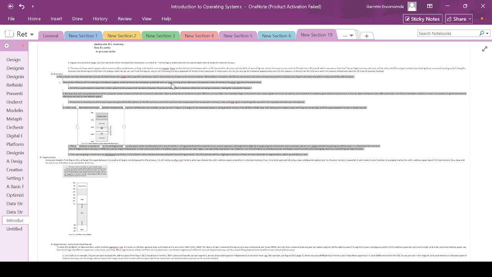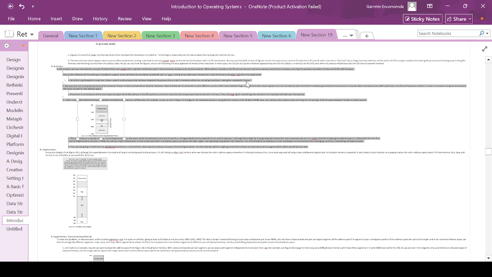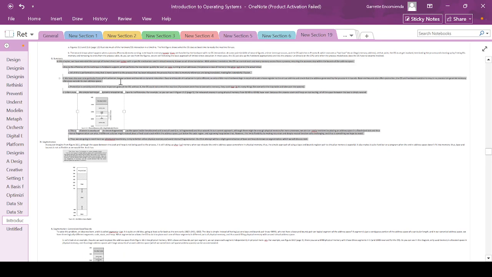The process has no idea its memory references are being translated, making for a wonderful illusion. All of this is performed in a way that is transparent to the process that has been relocated.